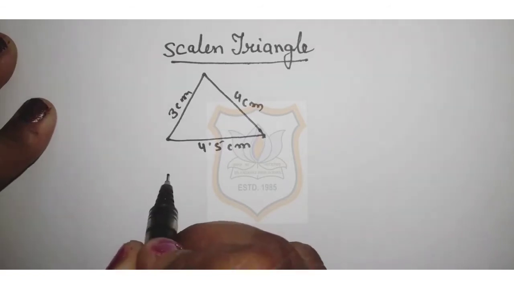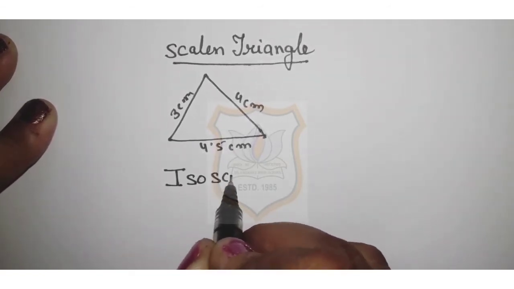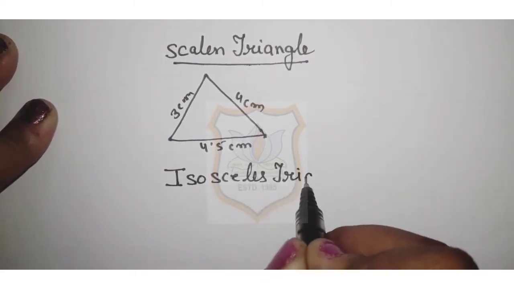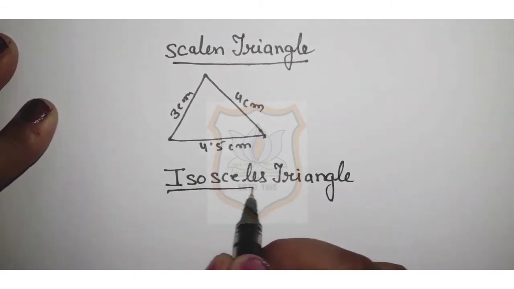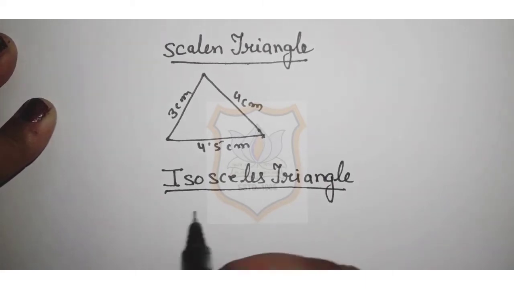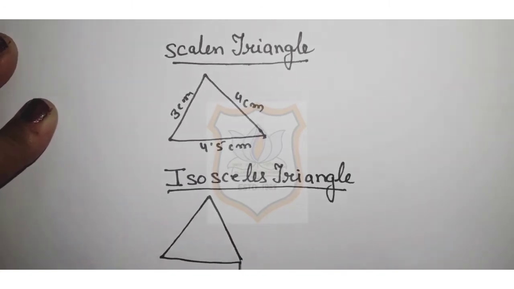Now what is isosceles triangle? Now, isosceles triangle is a triangle which has 2 sides of equal measure and third side is of unequal measure. Suppose this one is a triangle.